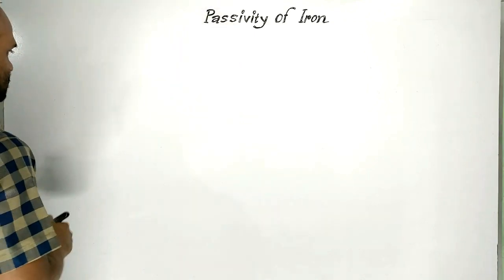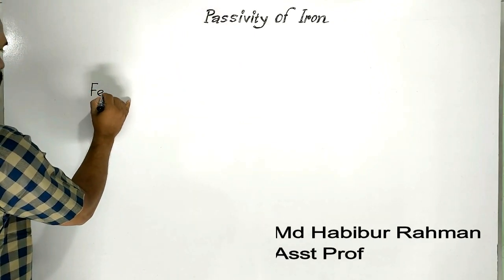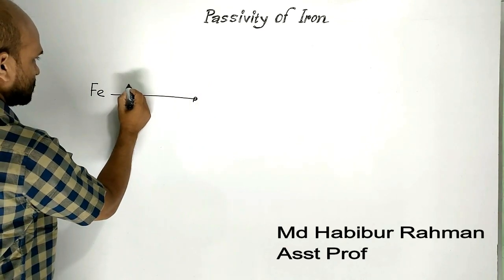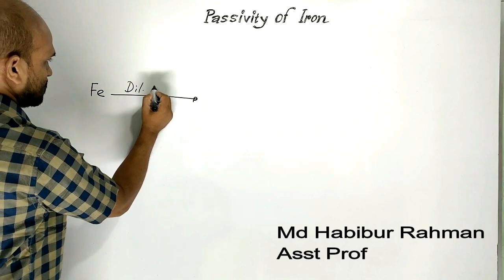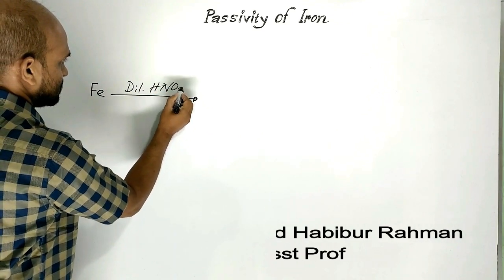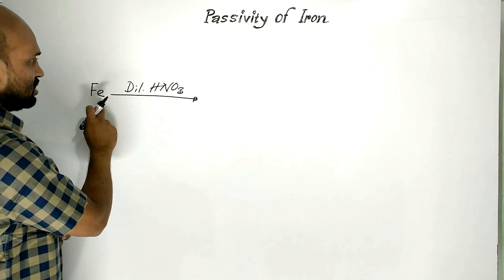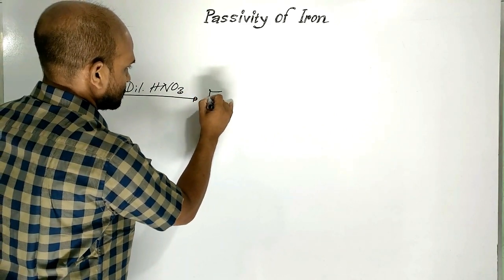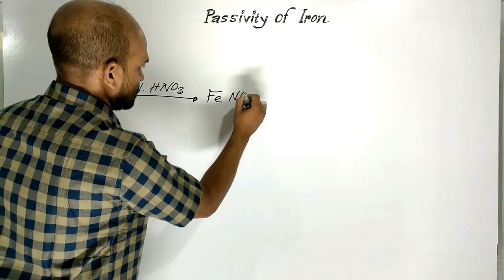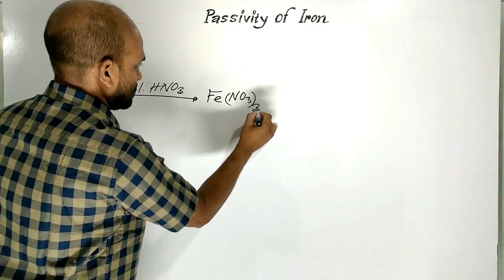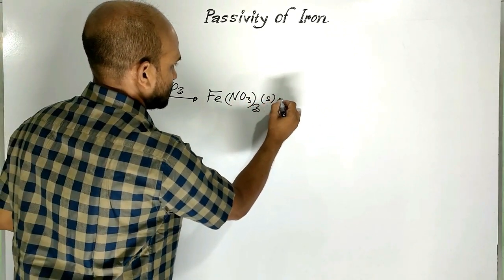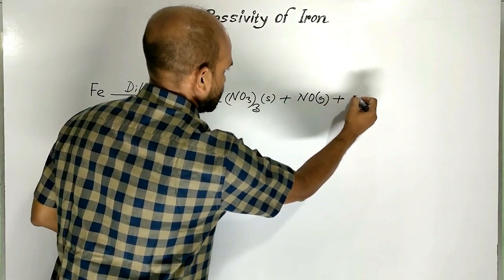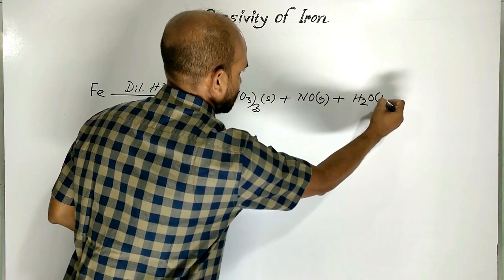Passivity of iron. When iron is treated with dilute nitric acid, then iron reacting with dilute nitric acid forms salt, ferric nitrate, nitric oxide, and water.